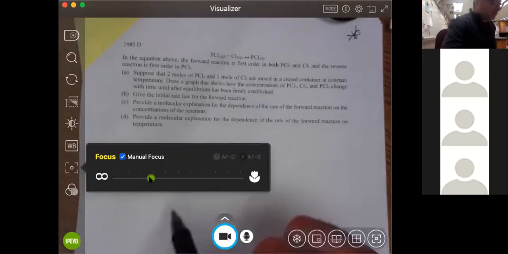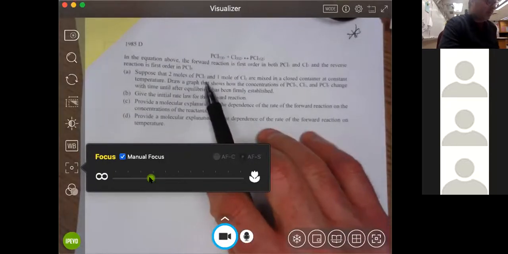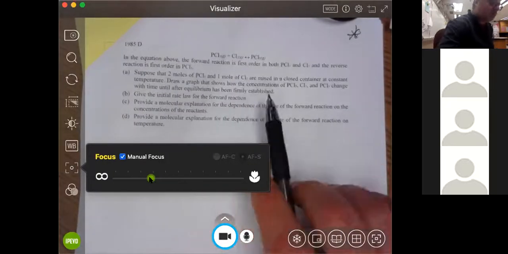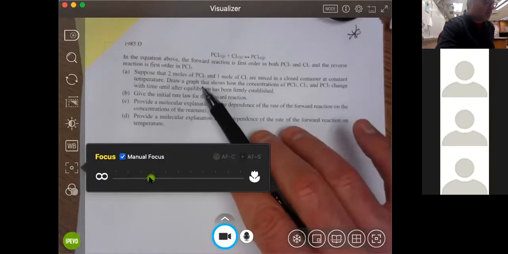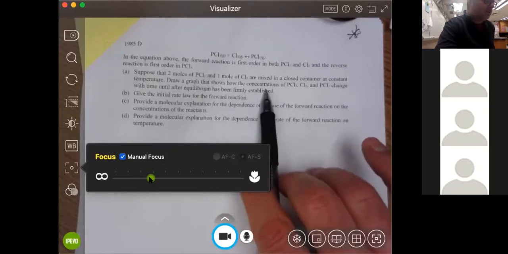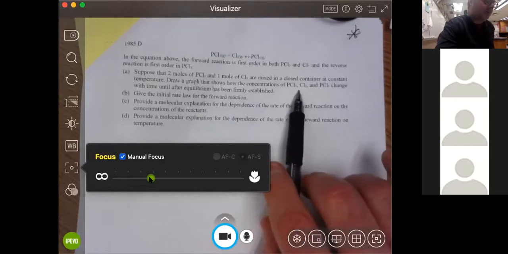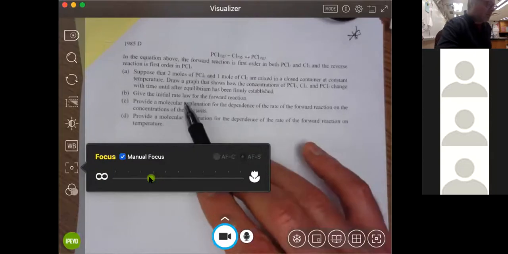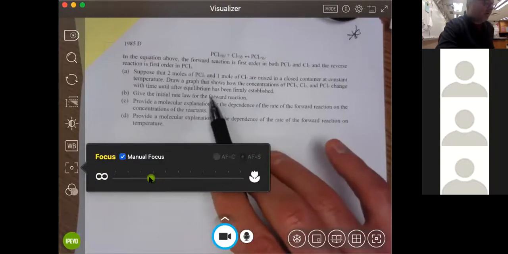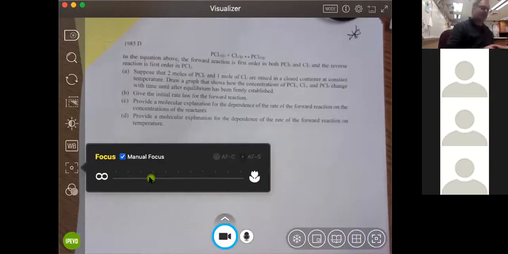If we take a look, suppose that 2 moles of PCl3 and 1 mole of Cl2 are mixed in a closed container at constant temperature. Draw a graph that shows how the concentrations of PCl3, Cl2, and PCl5 change with time until after equilibrium has been established.